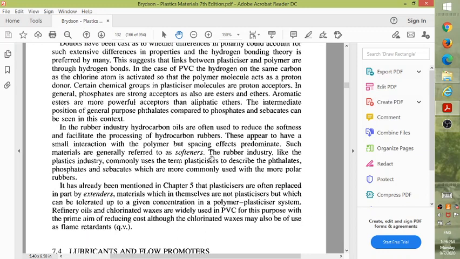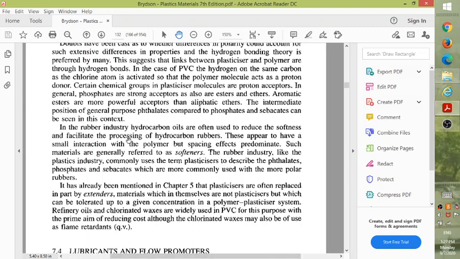So extenders are completely different. They are used in the polymer plasticizer system, because you want to reduce the cost, meaning you don't want to put in so much of the original material, so you can add some extenders.